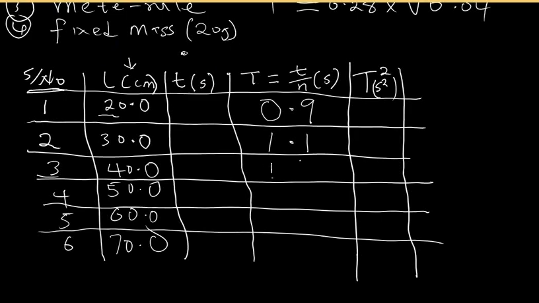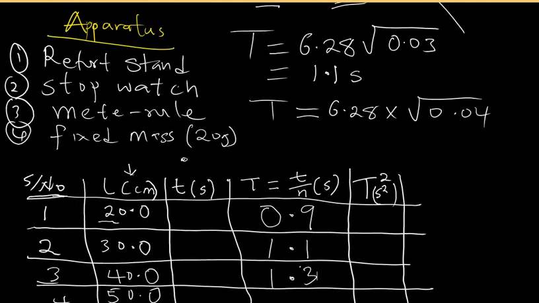So I will have 1.3 here. I'll do the same for 50 cm. That's going to be 6.28 multiplied by the square root of 0.05.